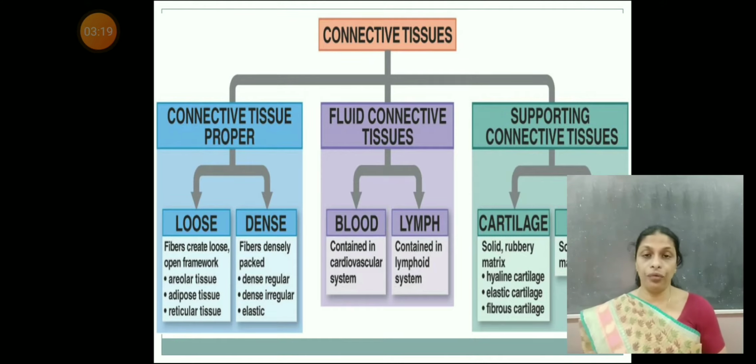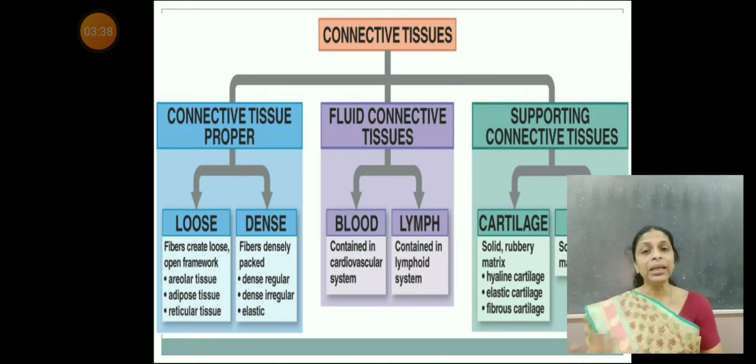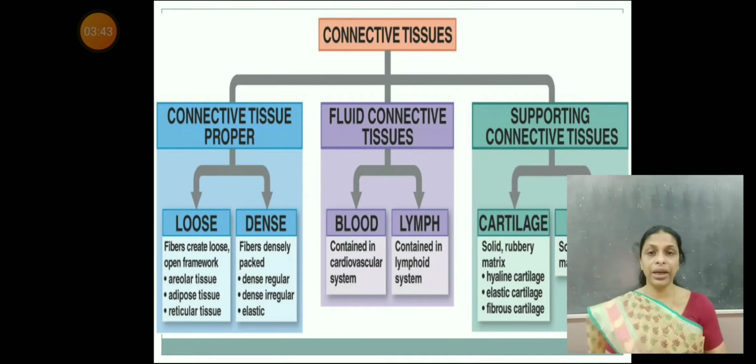Now loose connective tissue again is of two types. One is areolar tissue, another one adipose tissue. So there are some more types of loose tissue, but we have to study only about two tissues, areolar and adipose. Okay, dense connective tissue is again divided into dense regular and dense irregular.